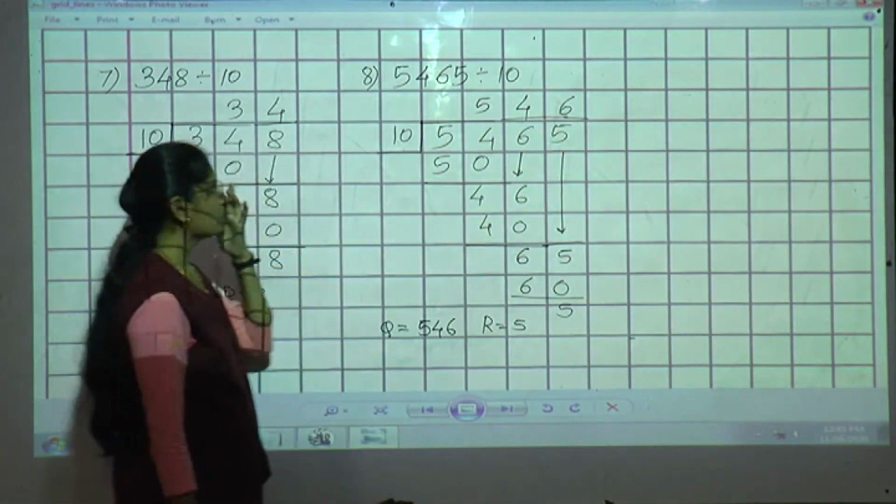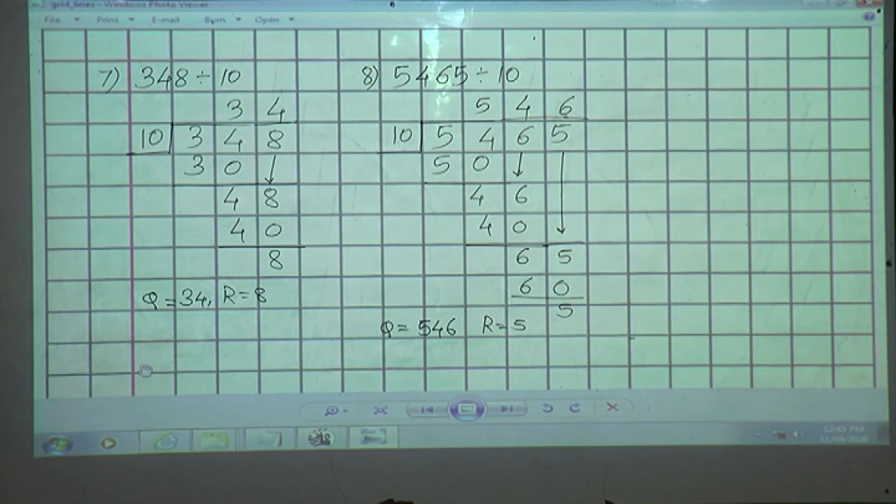Okay. So keep one thing in your mind. If the divisor is 10, then in the dividend, the number at ones place is the number we should get as the remainder, and the remaining numbers will form the quotient.